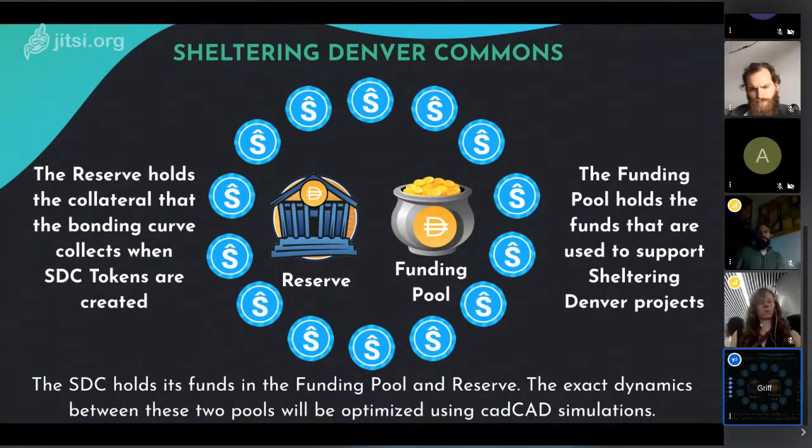This relationship between the reserve and the funding pool is really easy to simulate and design using cadCAD because we have limited the external connections from the outside world, and we can model the agent's behavior. So the exact dynamics between these two pools can be unique to every commons.